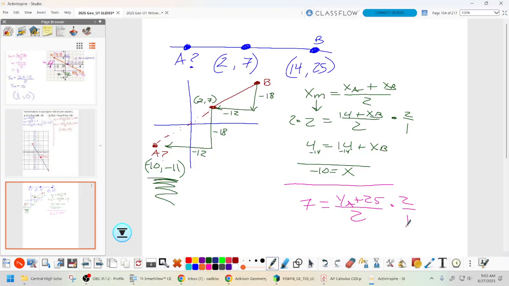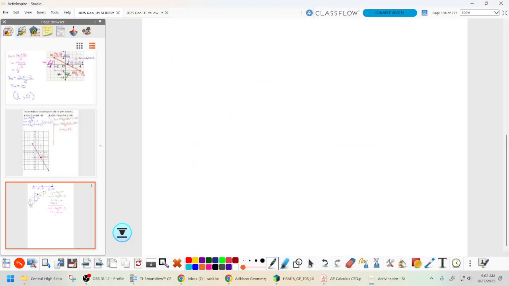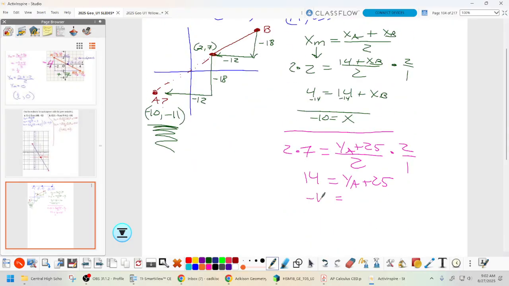Multiply by 2, notice that that step is the same, because it's always going to be divided by 2. So negative 11 for ya. Did anybody do it that way, the formula way? Okay, cool. Good job. Nice.